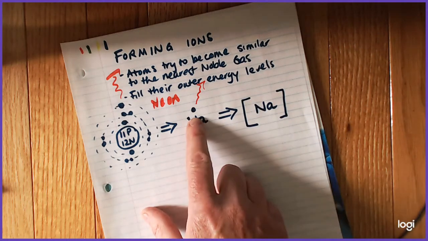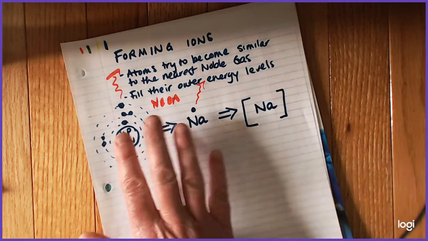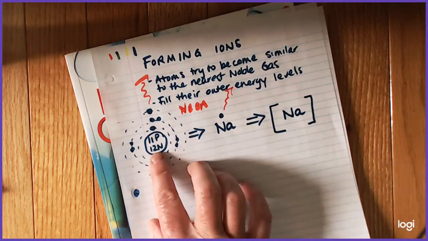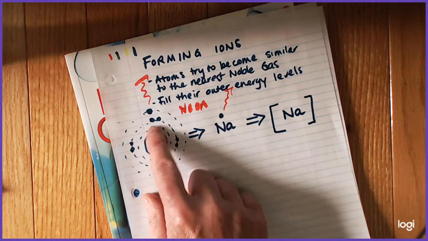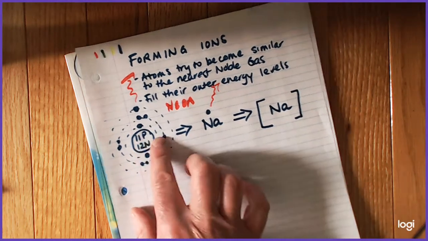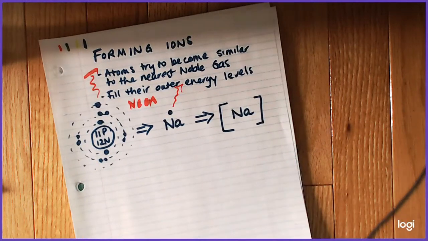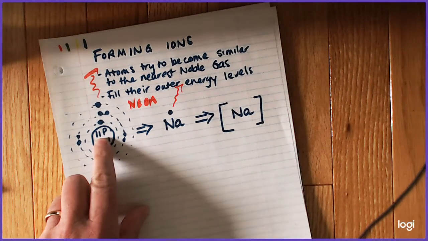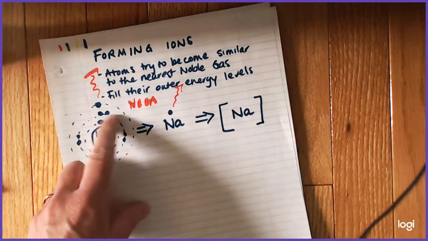However, we just lost an electron. Think about this. The charge on our atom used to be 11 protons and 11 electrons, and it was equal. Now we've lost an electron, so our overall charge is going to be positive, because we have 11 protons but only 10 electrons.